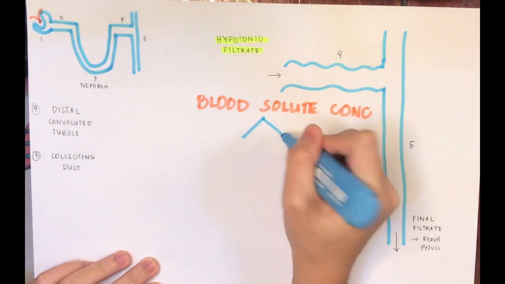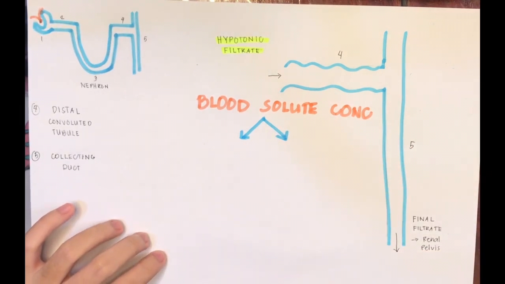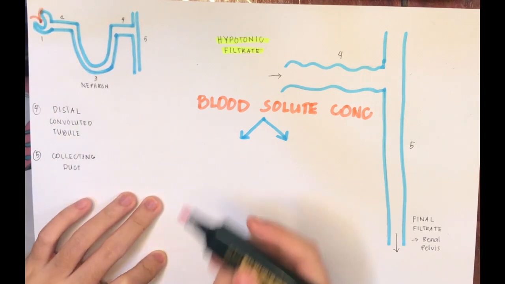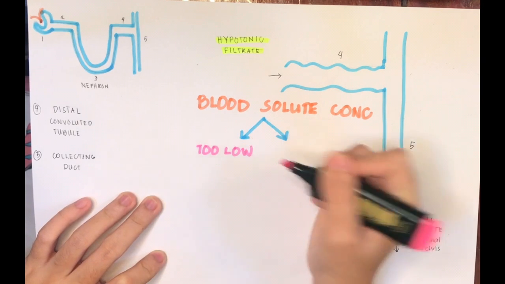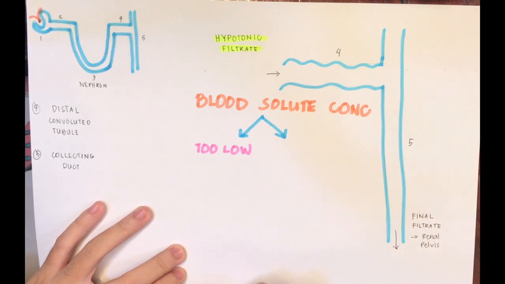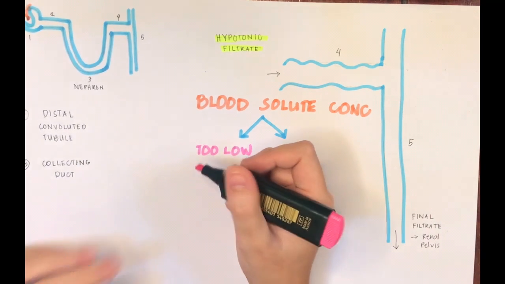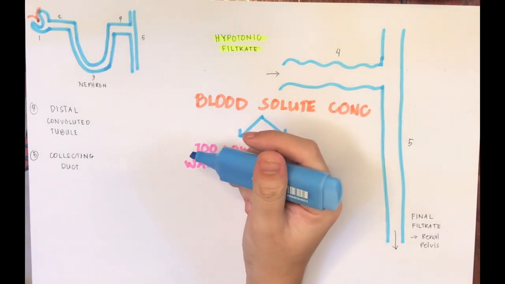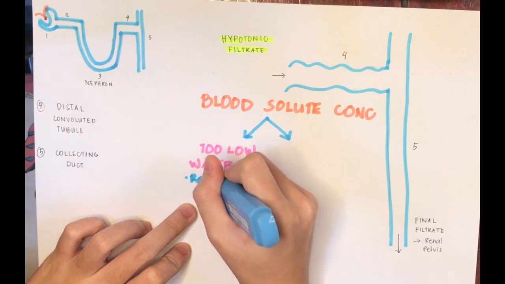So we're going to have a look at two different scenarios. The first one is if the blood solute concentration is too low. These two areas will become more permeable to water, and the water will be reabsorbed into the nephron. This is primarily because the solute concentration in your surrounding tissues and blood is too low, so it has too much water in it.